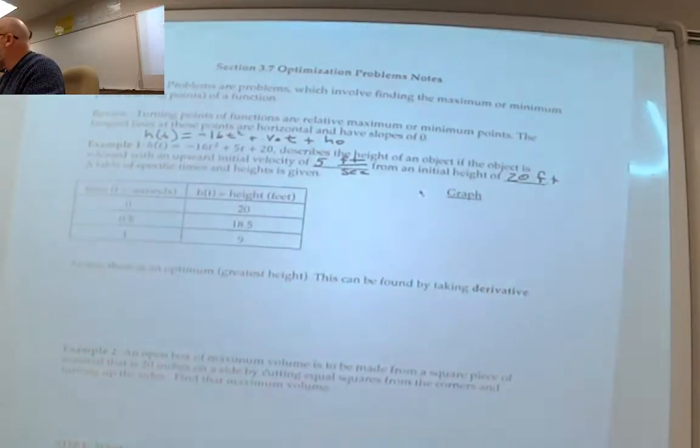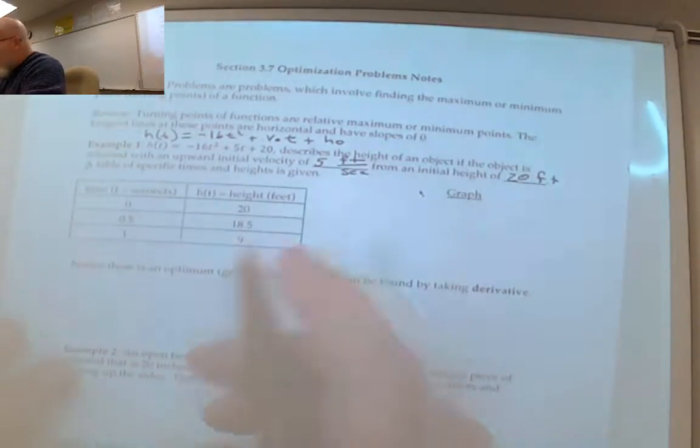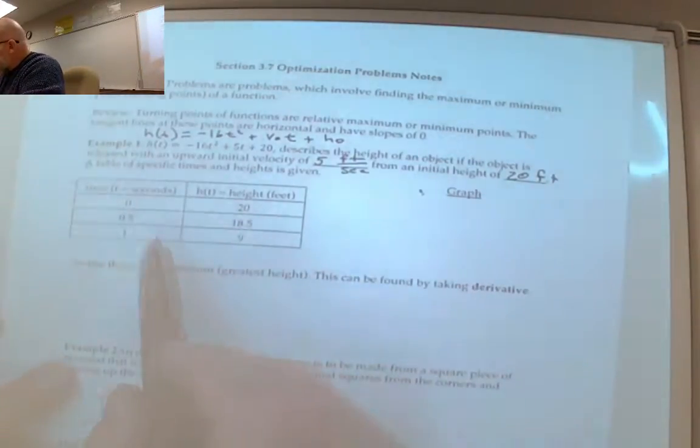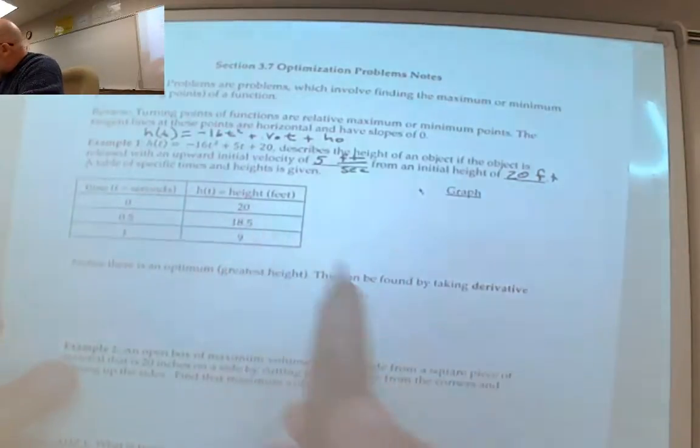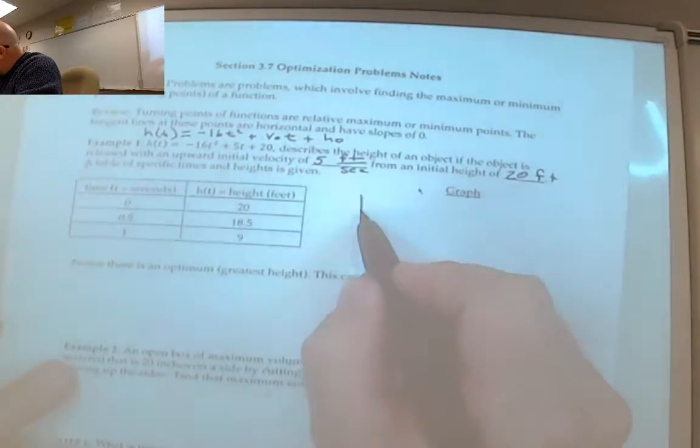I can refer to it, but I can't use it as work or a justification. So what I did is I put some numbers in here. I just put 0, 0.5, and 1, because if I had gone up to 1.5, it would become negative. So I only use those values. And I create a graph that looks like this.